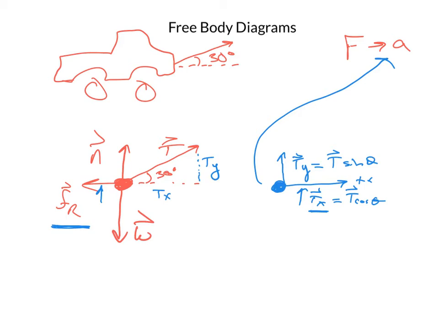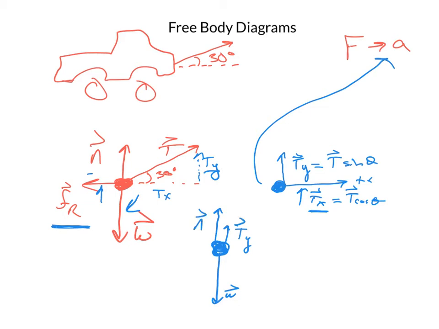What about in the y direction? I've got Ty and the normal force. If I drew it close enough, these two should add together and be equal and opposite to the weight. So let me redraw it down here. Here's my weight. I've got Ty. I've got the normal force. And these are kind of arbitrary right now.